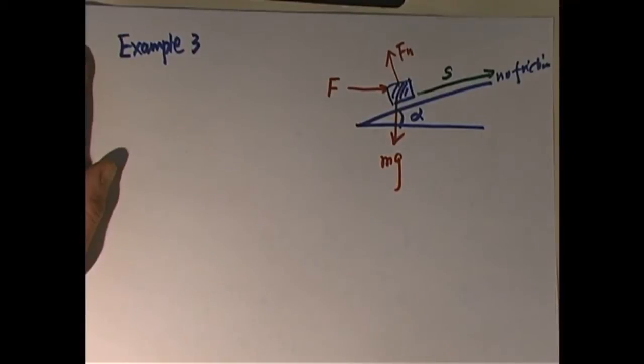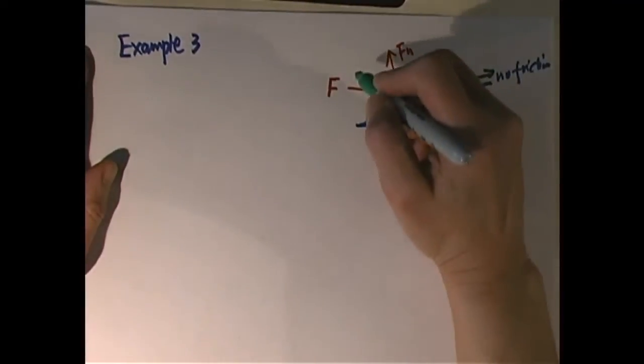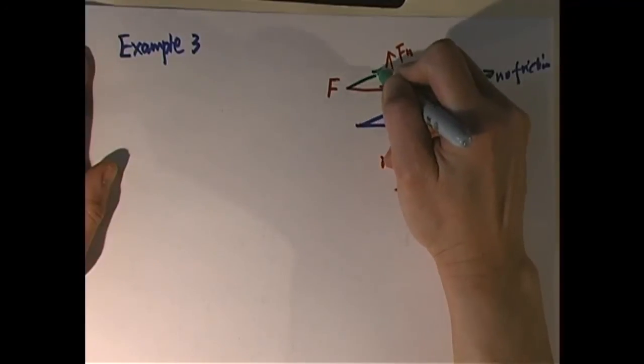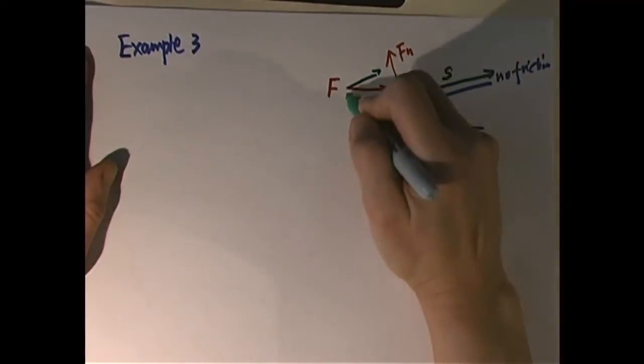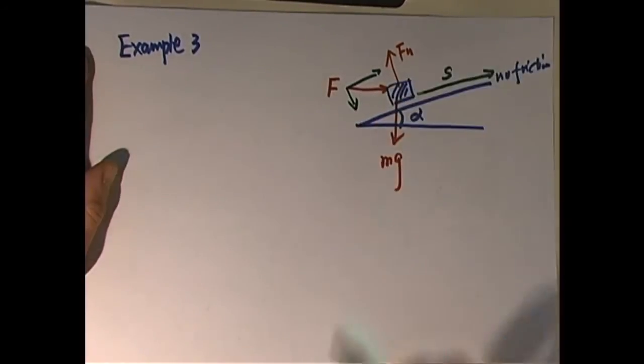Well, we can solve this problem by using chapter 5's technique, and we can give it a try. Then we can solve this problem by using what we learned about work and kinetic energy theory. We'll get the same result. The chapter 5 technique is we need to split this force parallel to the hill and perpendicular to the hill.